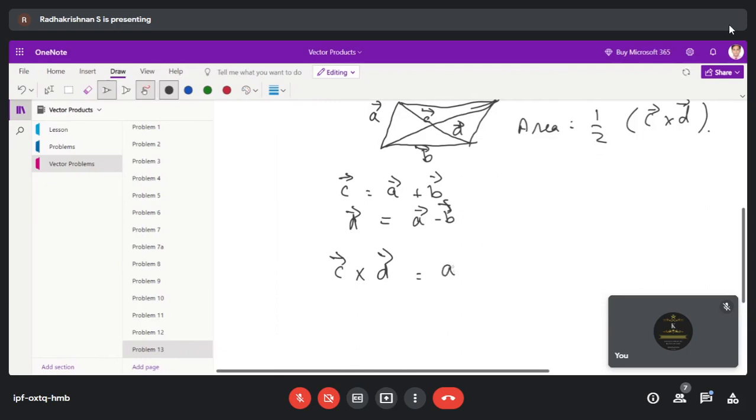So what will remain is A cross B terms, and the magnitude of C cross D is twice the magnitude of A cross B. When you take the modulus, the minus sign can be removed.